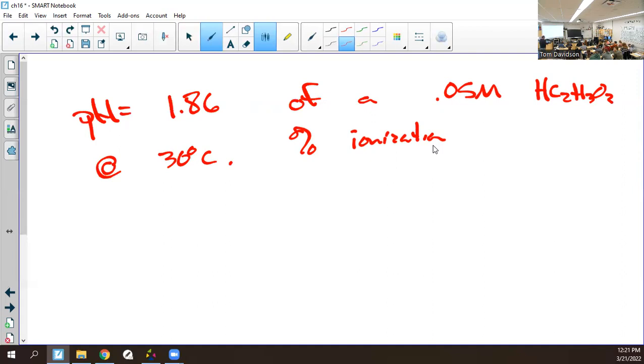You need to know the concentration of H plus, right? Because it's going to be H plus concentration divided by initial times 100.